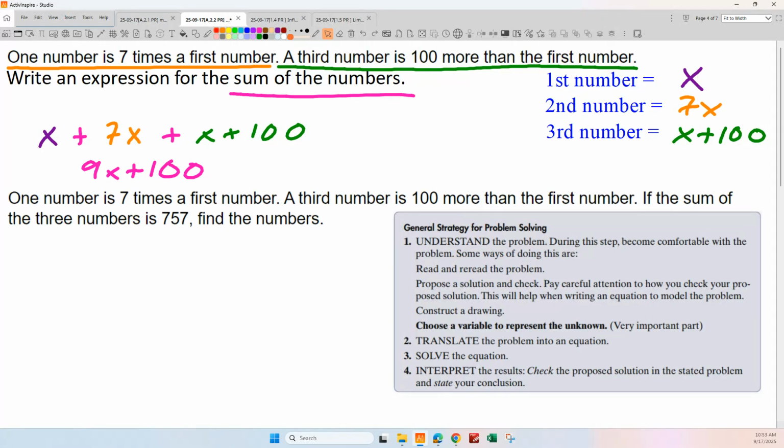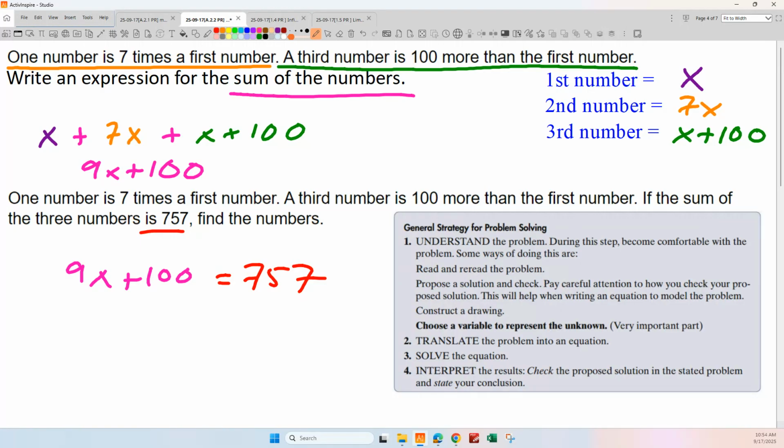Is 757 just means equals 757. So now I'd have the sum of the numbers, which was 9x plus 100 equals 757, right? Okay, now that's pretty good. Now I've got an equation with a single variable.